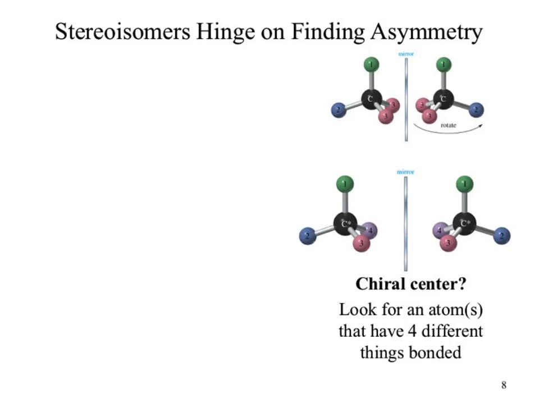If we look at the next example, we have 1, 2, 3, and 4. If we go through and do the mirror plane again, or the mirror image, reflects across, we have the mirror image. Are those two structures superimposable? No. Remember, we directly slide across, they don't overlap. If we rotate it so that the 2 can then be on the left-hand side of the structure, what happens to 3?